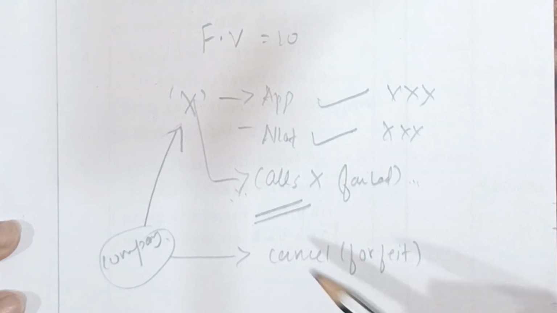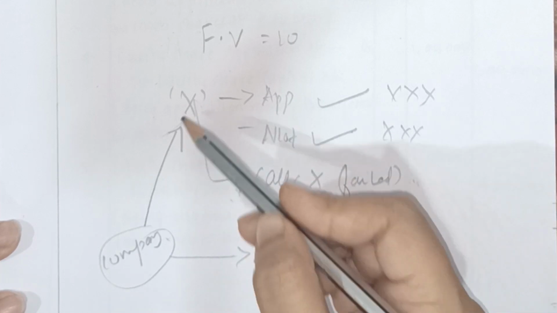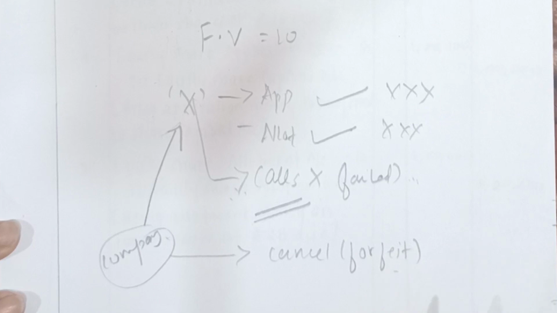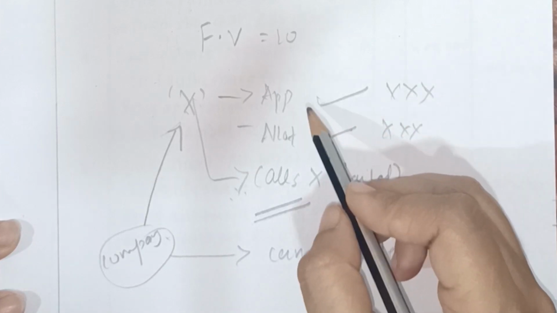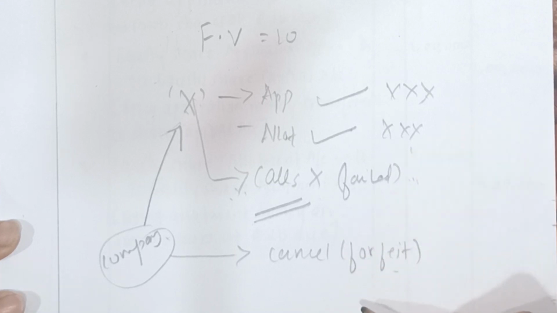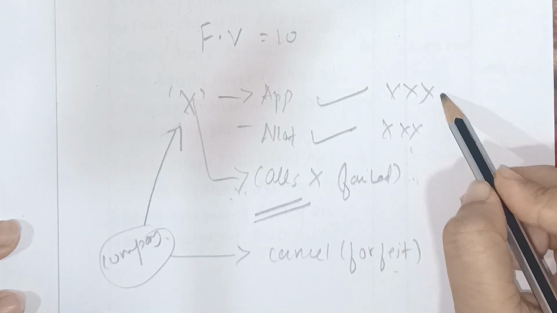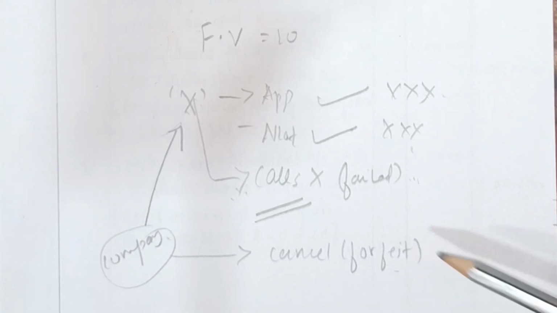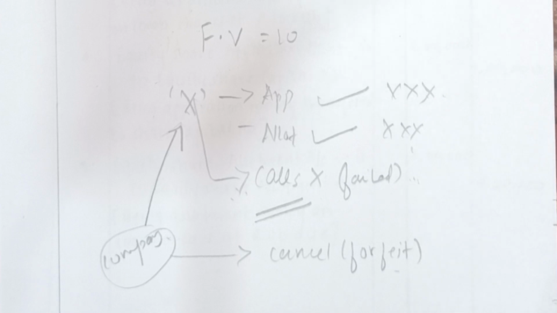Once his shares are forfeited, he is no longer a shareholder of the company. And the company won't refund the amount which he has already paid. In case of calls in arrears, even this amount will not be paid to him. After that, the company will reissue these shares to somebody else. That reissue part we'll study in the next session. So in this video, we will only focus on calls in arrears.